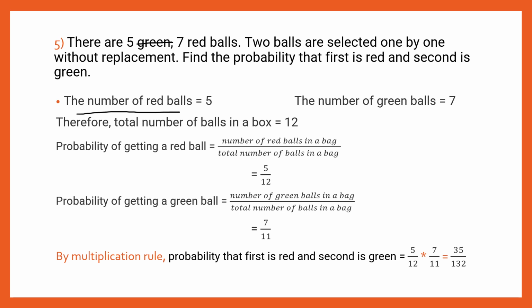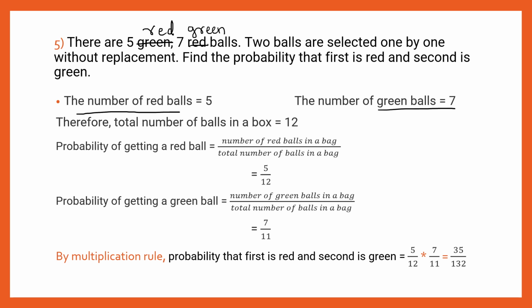Sorry, there is one mistake. So the number of red balls is 5 and the number of green balls is equal to 7.